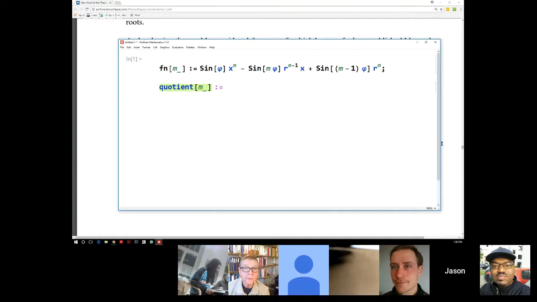M equals 1, right? Yes, please do it for m equals 1.